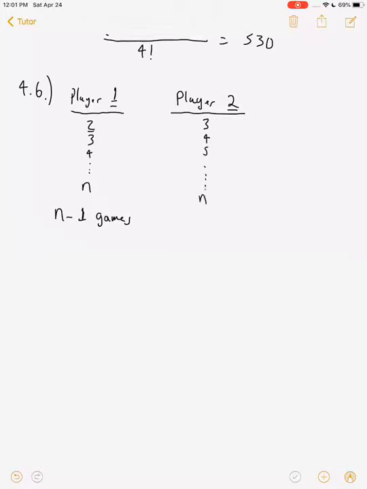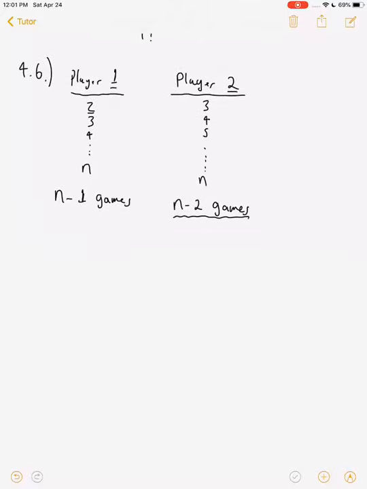Player 2 is going to play n minus 2 unique games, because we've already counted player 1 versus player 2.